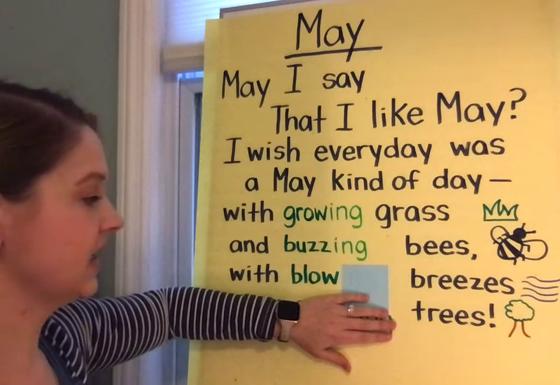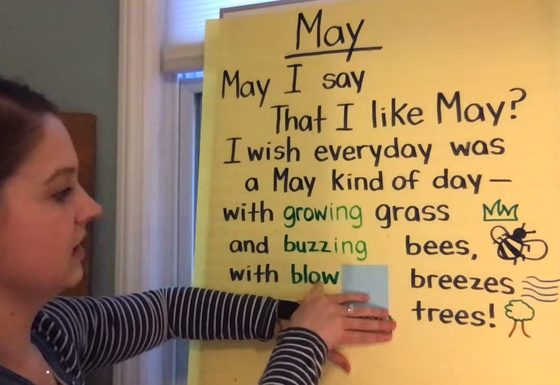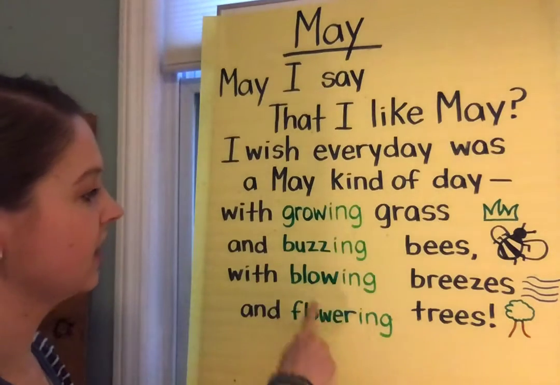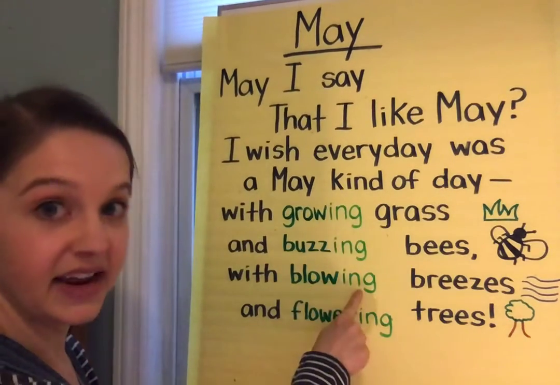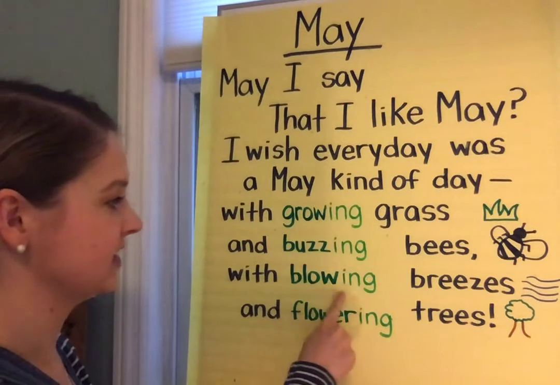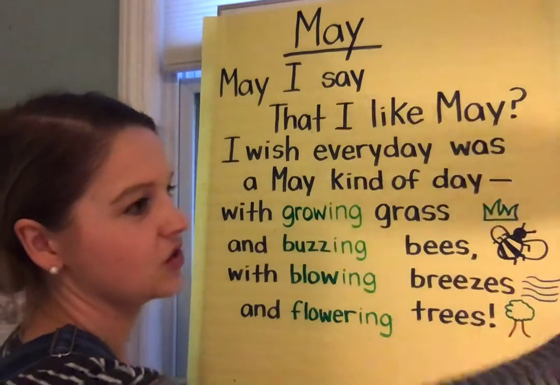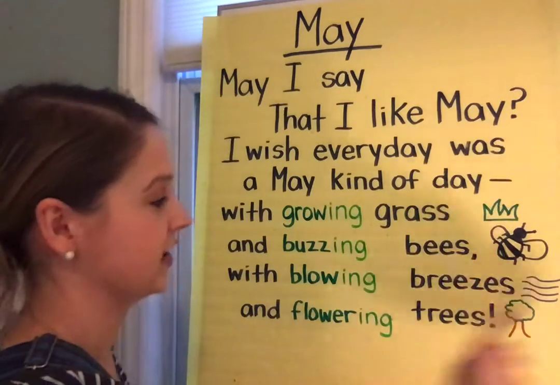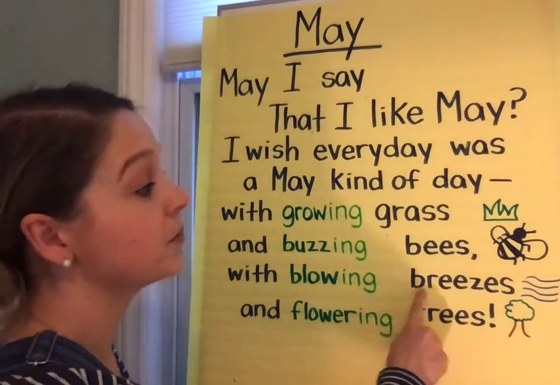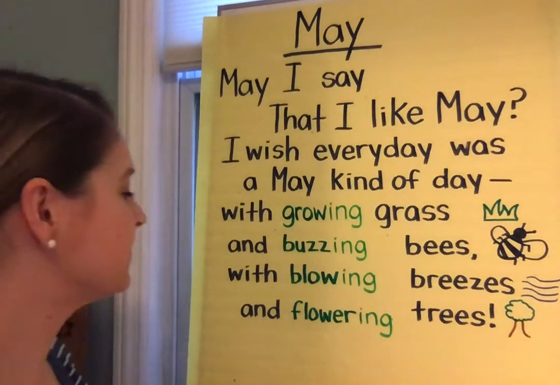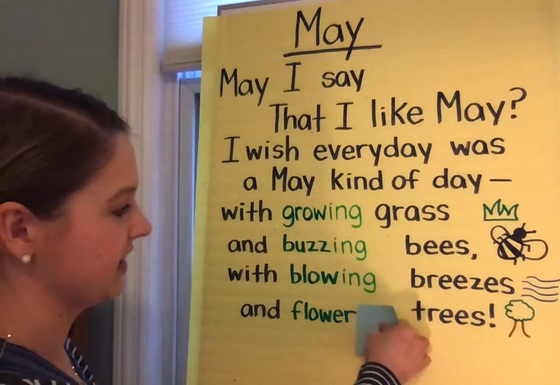And let's try it together. B-l-o, blow. Now let's add the ending chunk. Blow, ing, blowing. Excellent. Blowing, and then I did my best for a picture here. This is like the wind going across the screen. Blowing breezes. Yeah, that was a tricky picture to make. I did my best.